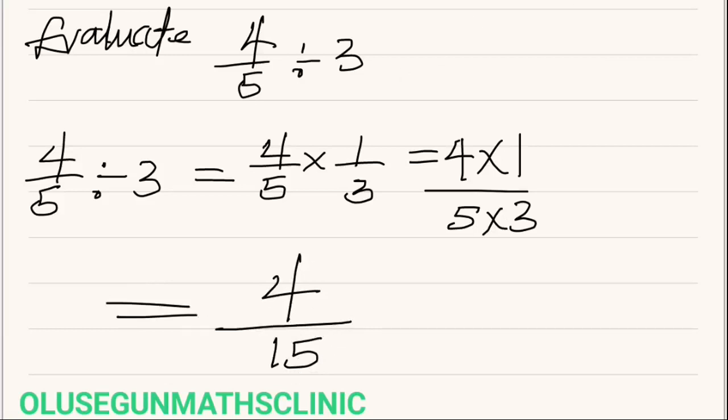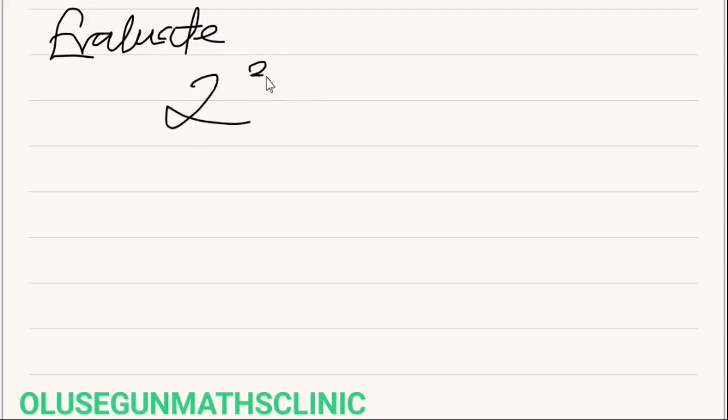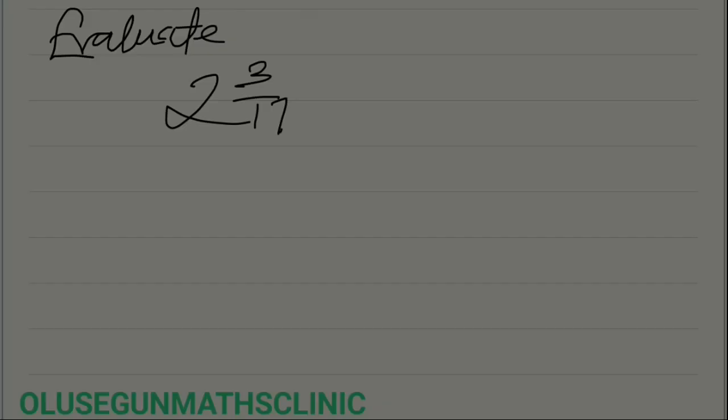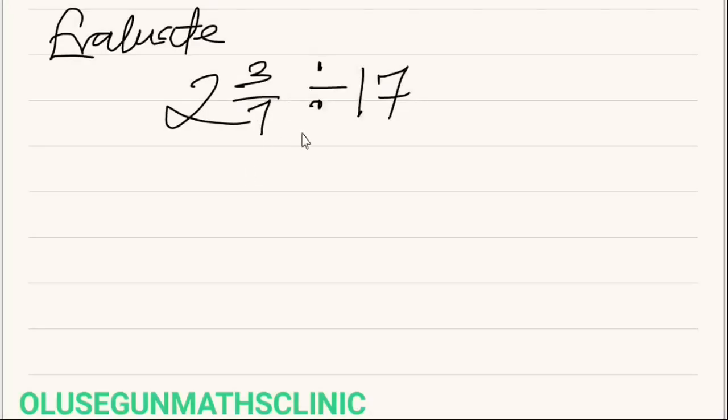Let's also solve another example. Let's evaluate 2 whole number 3 over 7 divided by 17. So the first thing you need to do is to convert it to an improper fraction.